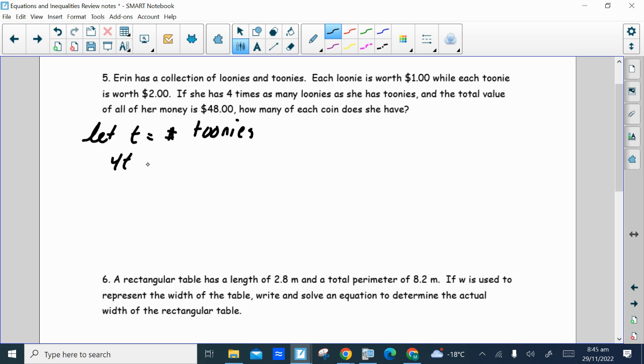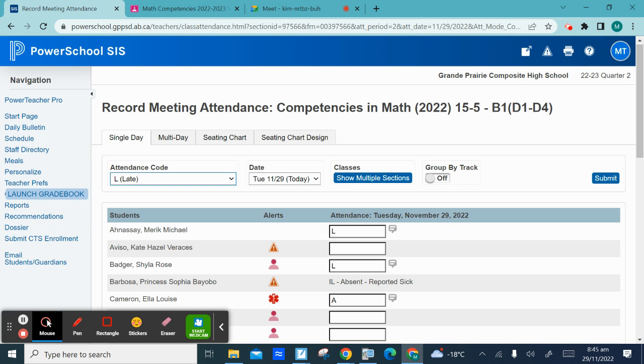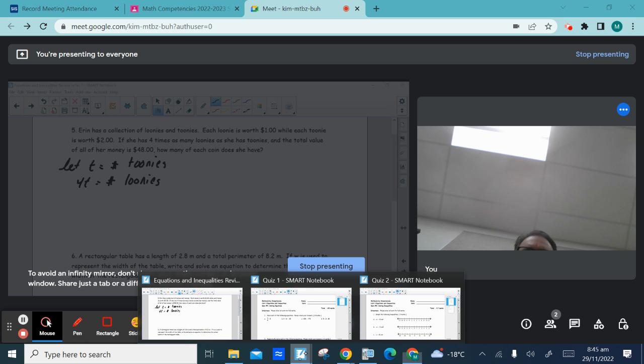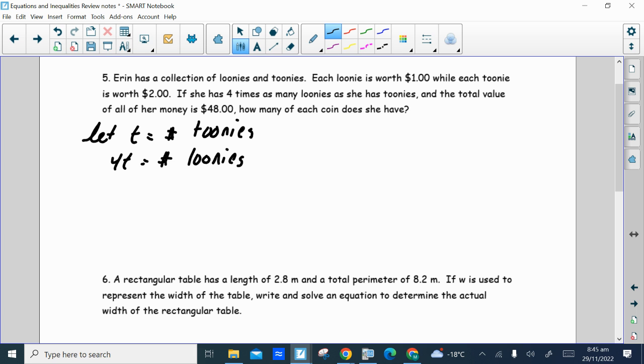So 4t would equal the number of loonies. So now we have an expression for each type of coin in terms of the same variable t.